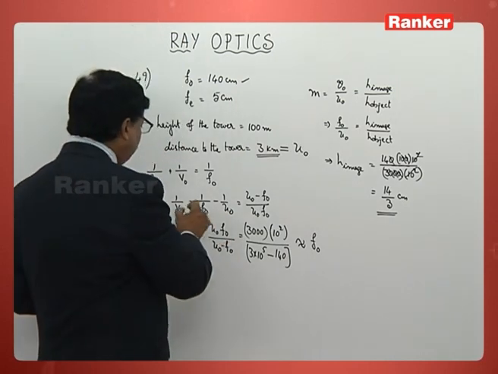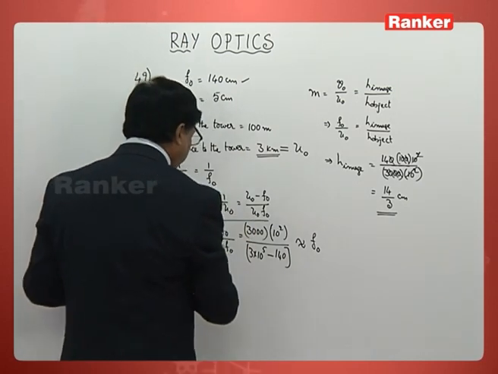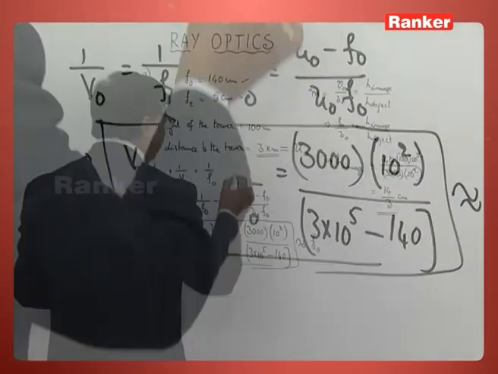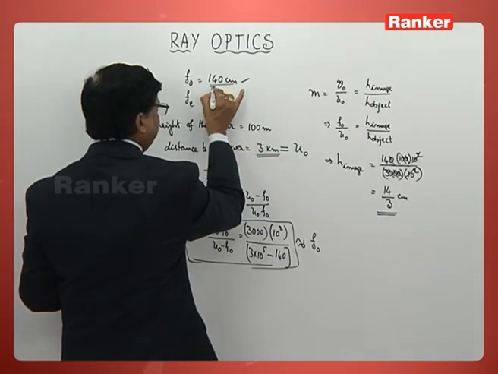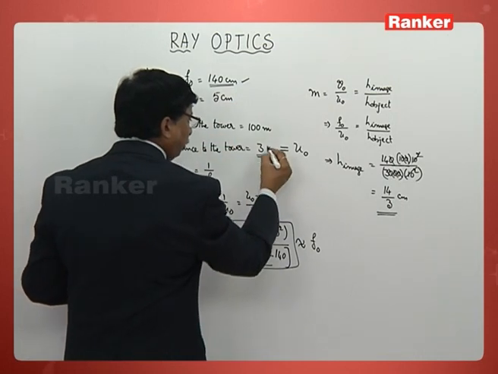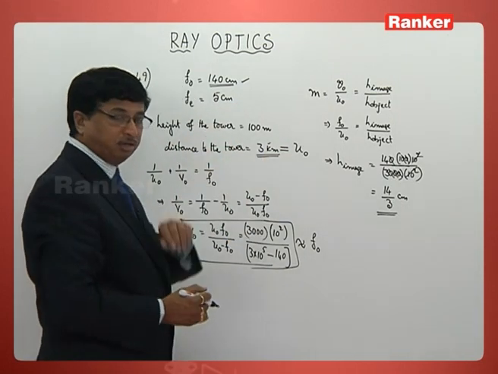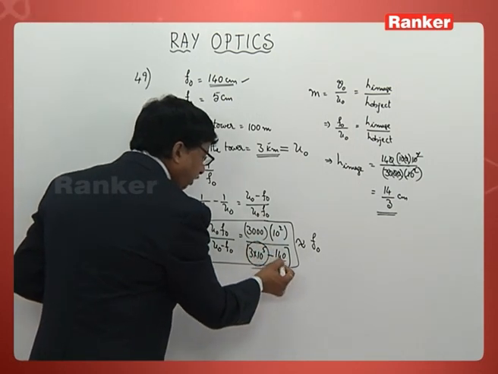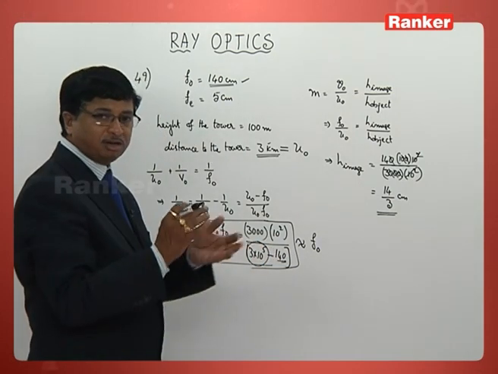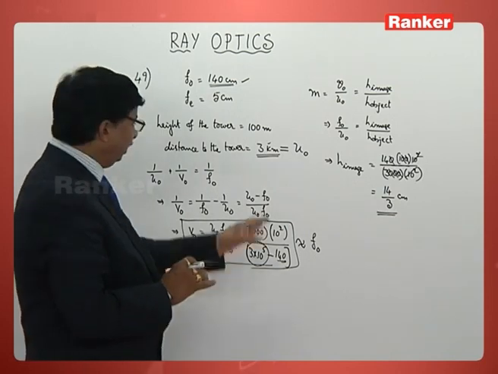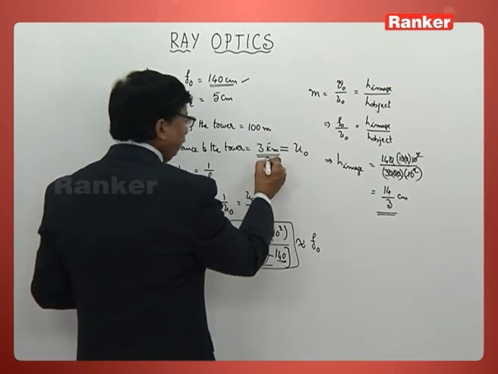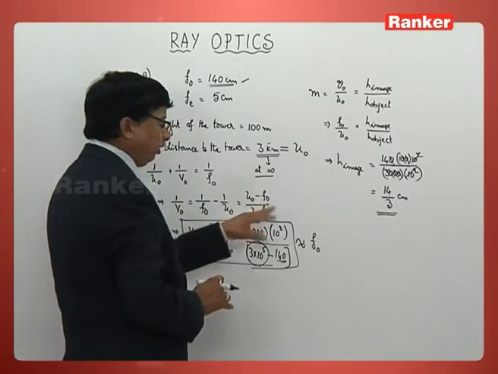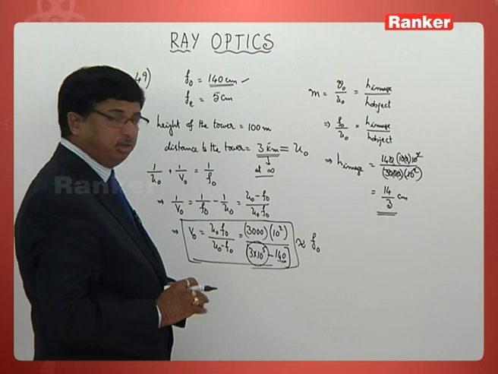If you look at this calculation carefully, you need not work it out. Looking at this value of 140 centimeter and this value which is 3 kilometer, 3 into 10 to the power 5, when compared to that, 140 centimeter is meager. If that is the case, the object distance can be taken as infinity. Then where do you find the image? At its focus.